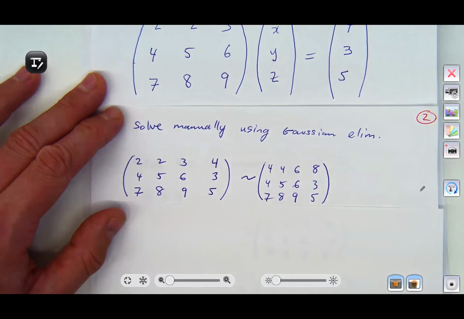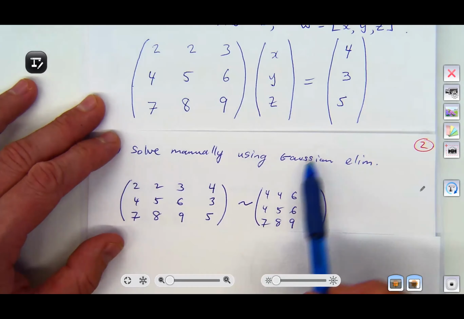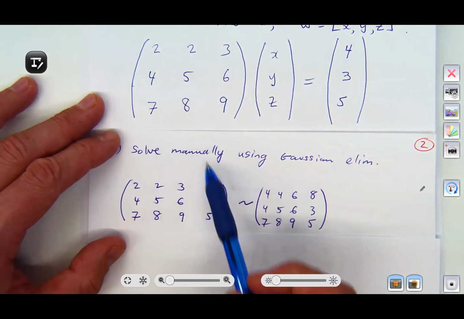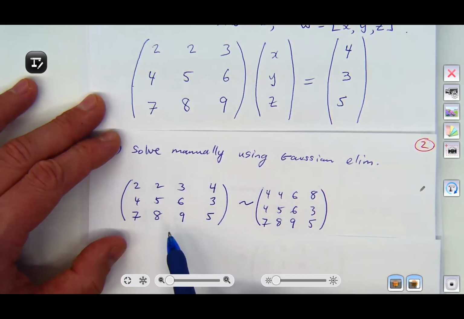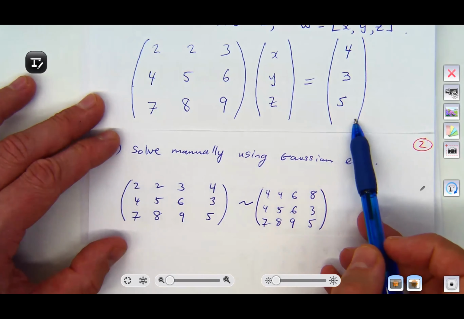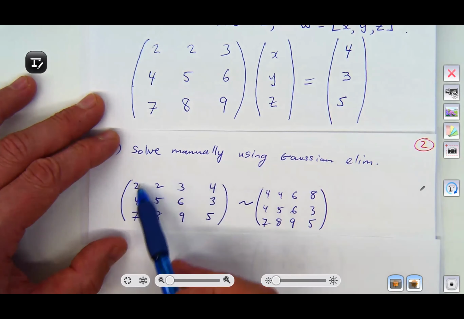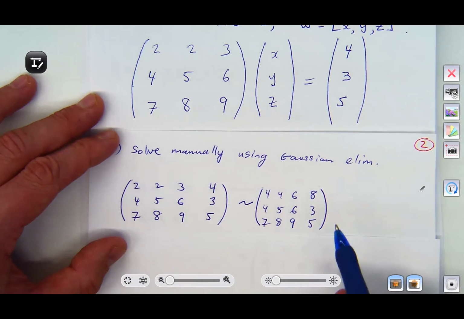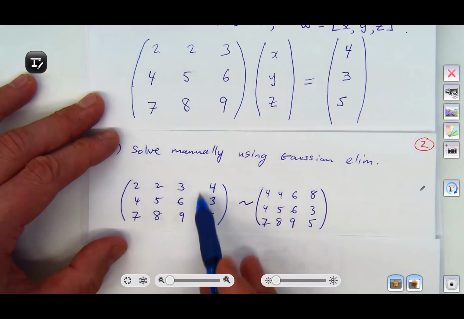So step 1, take this system and put the matrix A on the left of a new matrix. Take the column B that's on the right-hand side and join that to the matrix A, in other words, concatenate the two matrices to form a new matrix. That's called the augmented matrix. Some people like to draw a dotted line there.